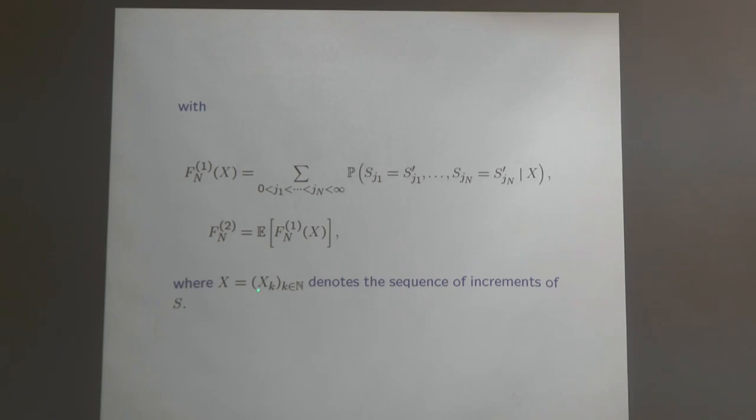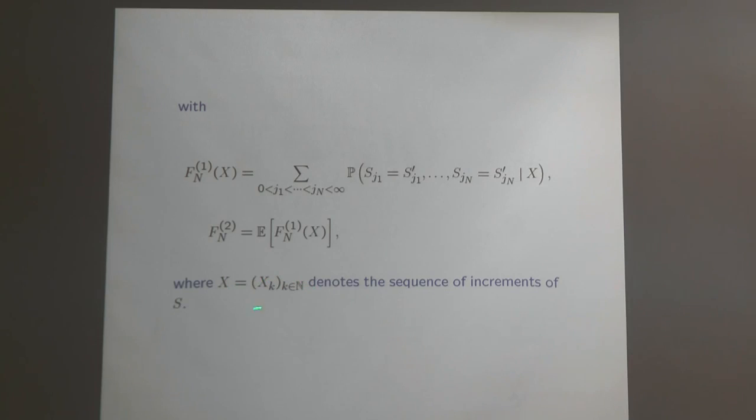Okay, so we need to study this object here. And now we can see how we could use this idea of the letters and the words. I'm thinking of this as a letter sequence. This is a sequence of IID steps that the random walk makes using its transition kernel.